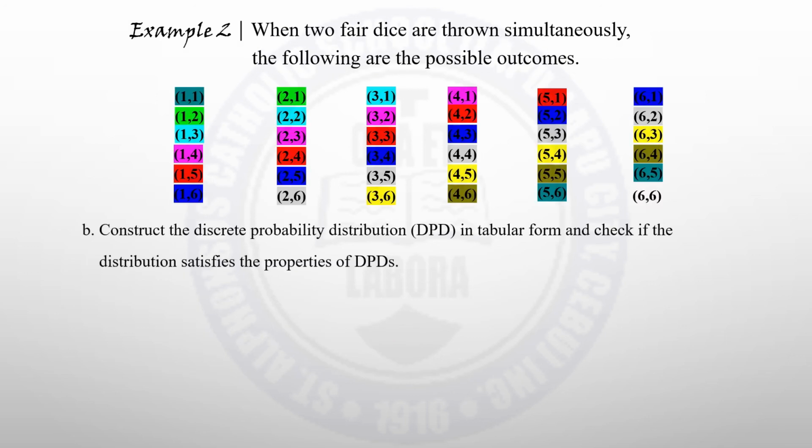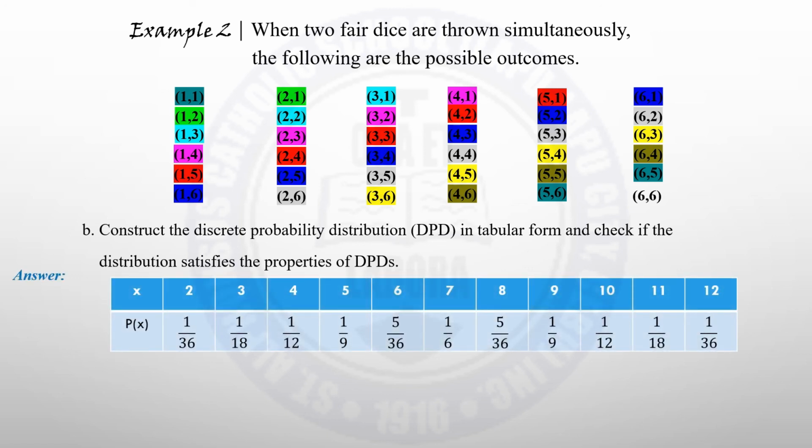So our next task is to construct the discrete probability distribution in tabular form and check if the distribution satisfies the properties of DPDs. So, we continue finding the probabilities of the possible values 2, 3, 4, 5, 6, 7, 8, 9, 10, 11, and 12.